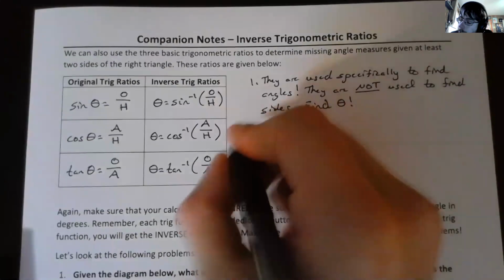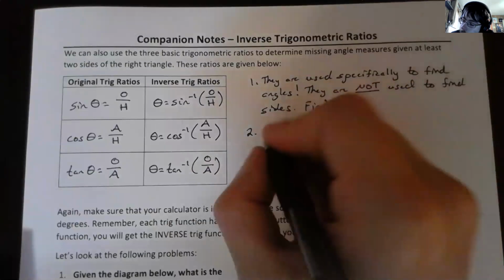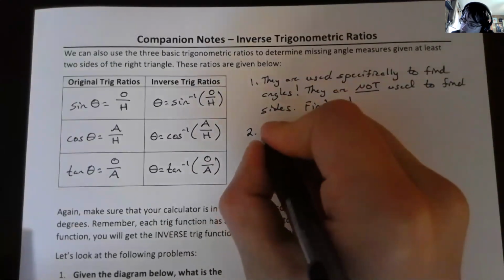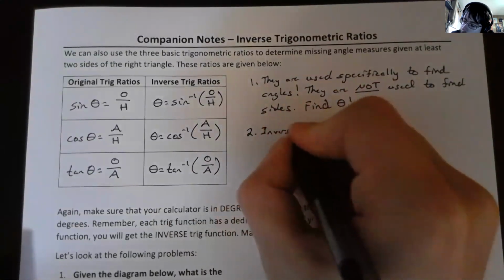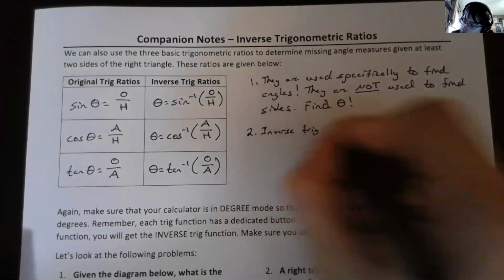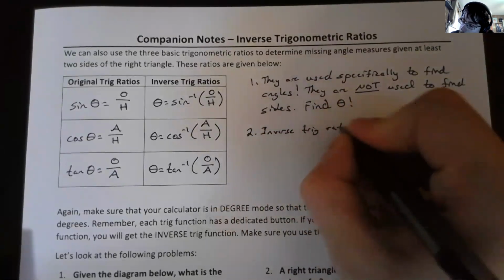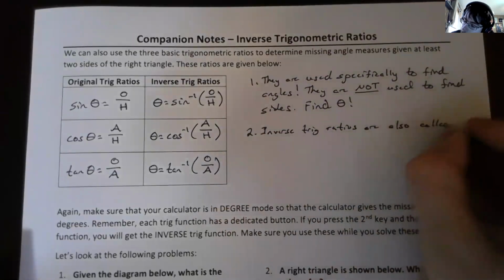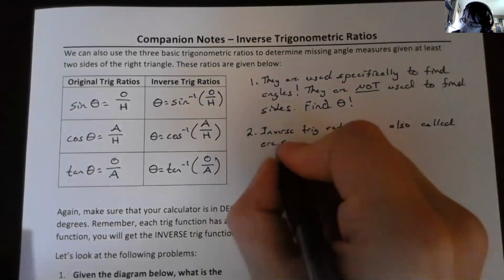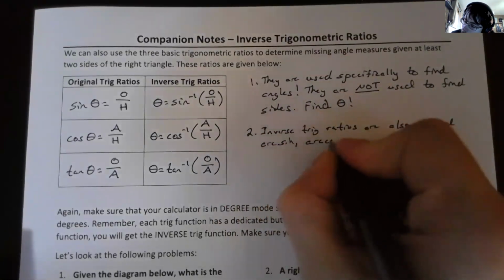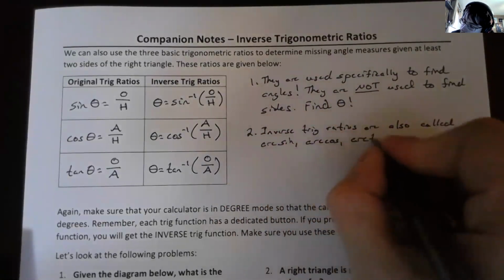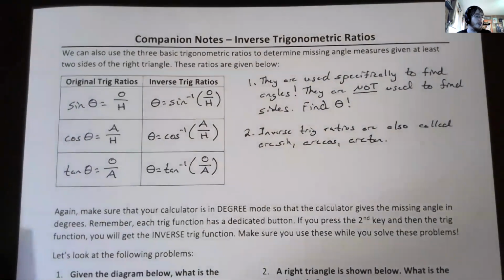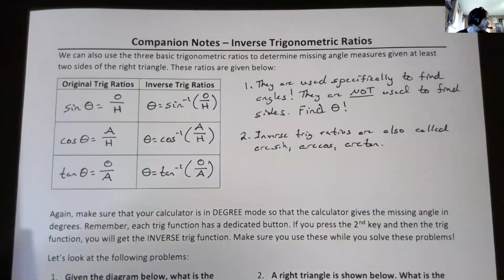Okay, so make sure that you're aware of what you need to find. The next thing is you might also see these referred to as arc sine and things like that. So inverse trig ratios are also called arc sine, arc cosine, and arc tangent. Okay, so make sure you're aware of that.